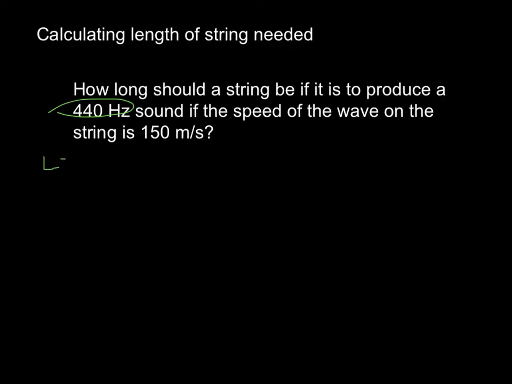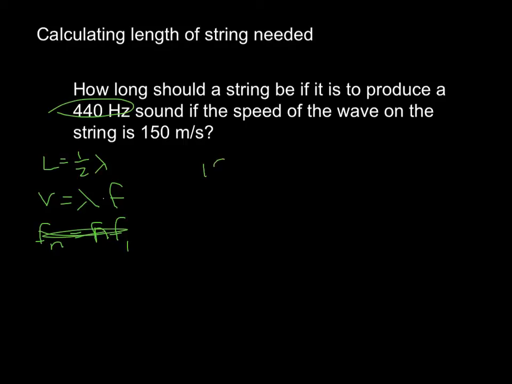But let's get our equations up. Length of the string is half of our wavelength. The velocity is our wavelength times our frequency. We don't need the harmonic one because we weren't given any of the harmonics. So we don't have to worry about that one.